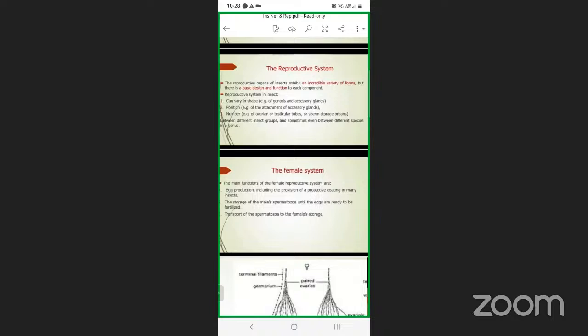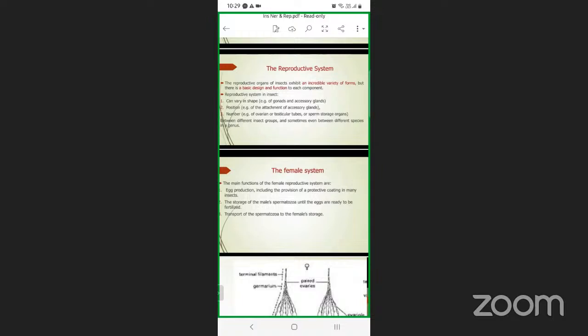There is a basic design and function, and the reproductive system in insects can vary in shape, position, and in number between different insect groups, and sometimes even between the different species within a genus.